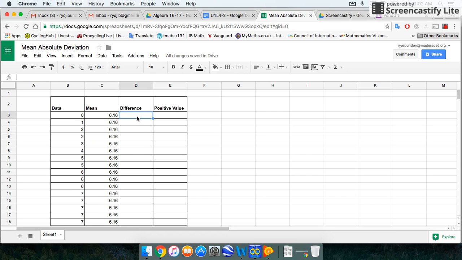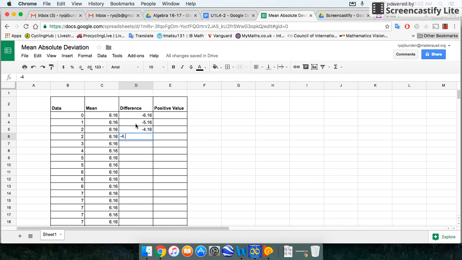Okay, so for the difference, I'm going to take 0 minus 6.16. So this is going to be negative 6.16. Same thing here, 1 minus 6.16, so this is negative 5.16. 2 minus 6.16, so negative 4.16.